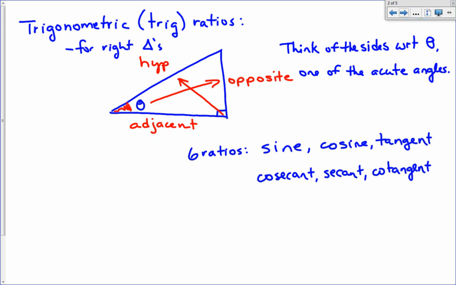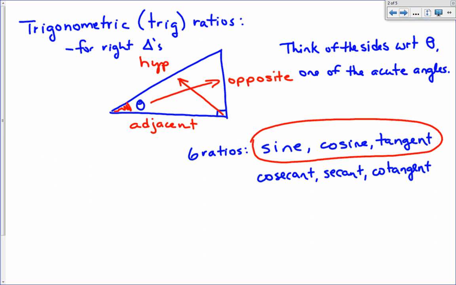There are 6 trig ratios. The first 3, sine, cosine, and tangent, you're going to see buttons for on your scientific calculator. Those are the 3 primary trig ratios. And then cosecant, secant, and cotangent are secondary. They're also called the reciprocal trig ratios.